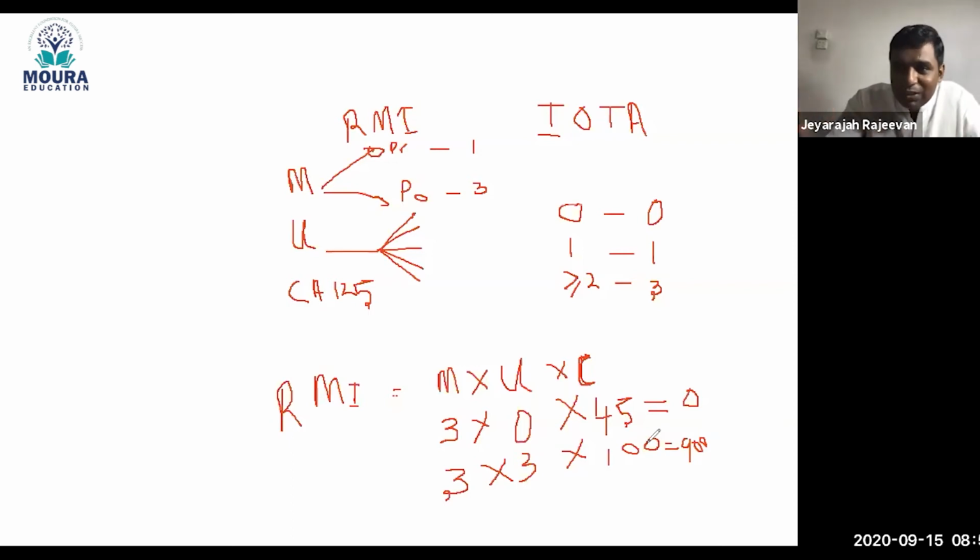Once you calculate the RMI, how to predict whether it's malignant or not? If the RMI value is less than 25, the risk of having malignancy is less than 5%.